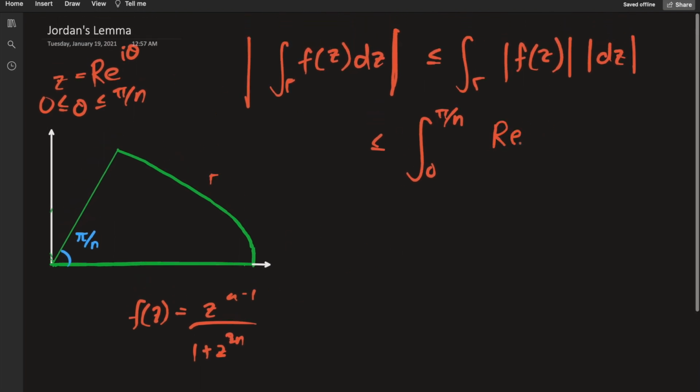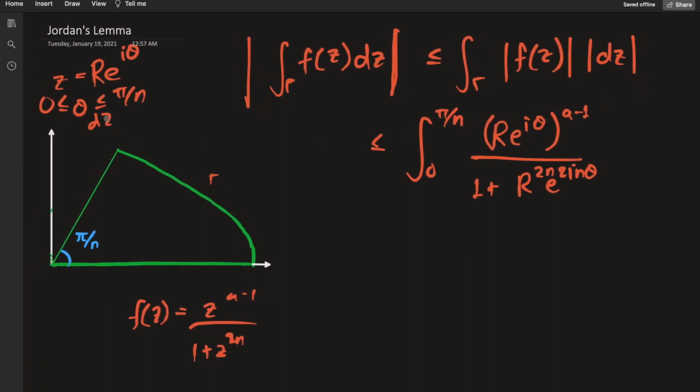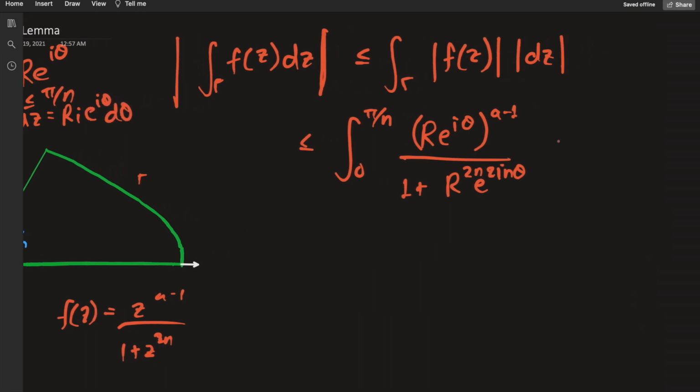So r times e to the i theta to the a minus 1, divided by 1 plus r squared e to the 2i n theta. This will become 2n actually. dz is r i e to the i theta d theta. Don't forget the mods.